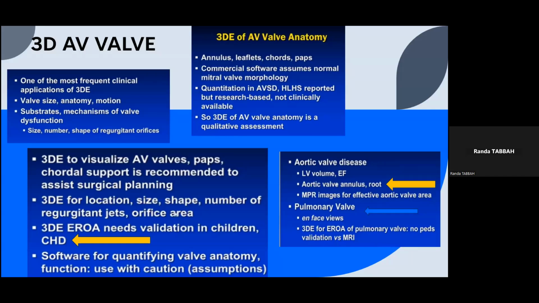And also evaluation of the valve. We can evaluate the size, the anatomy, the shape, and even the regurgitant orifice and the effective regurgitant orifice area in congenital heart disease.